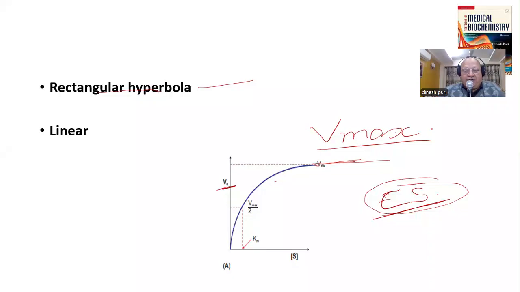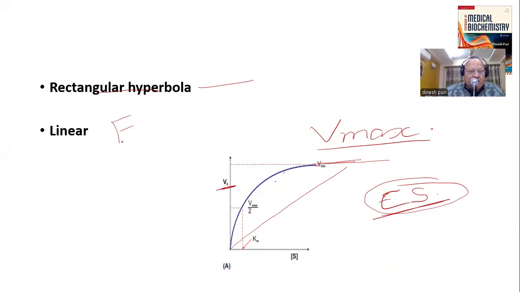Likewise, if you increase the enzyme concentration, more active sites will be available and more substrates will be able to bind with them. So therefore, the reaction velocity will increase proportionately, linearly, with the enzyme concentration.